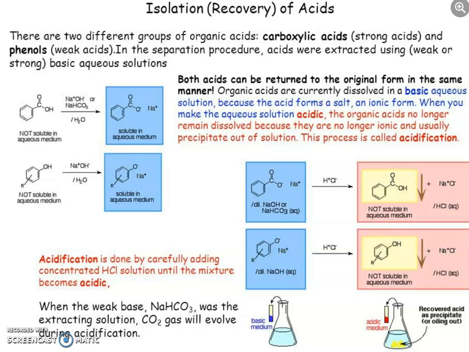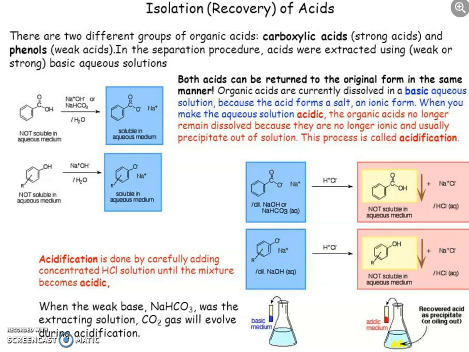You can see the sodium bicarbonate or sodium hydroxide make the acid soluble salts, and in place of sodium bicarbonate, only sodium hydroxide you can use in case you have phenols. So phenol is not soluble in aqueous medium, after adding sodium hydroxide it makes the soluble salts. Acidification is done by carefully adding concentrated hydrochloric acid solution until the mixture becomes acidic.